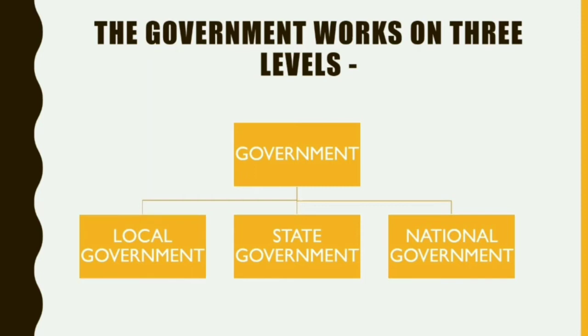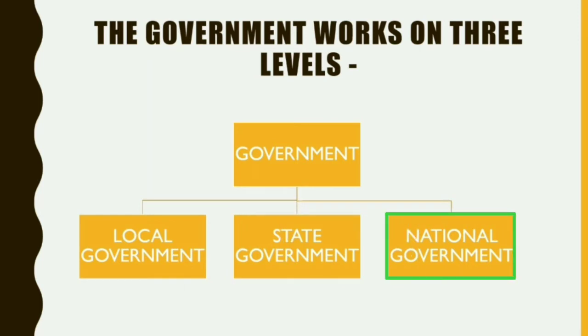We have already learnt about the working of the local government in the previous class. So now we are going to learn about the working of the state government. The 3 levels of the government each perform similar functions, only the scale of their responsibilities is different.